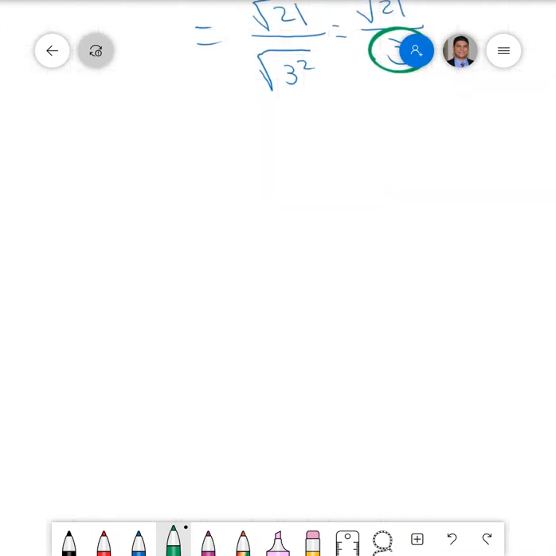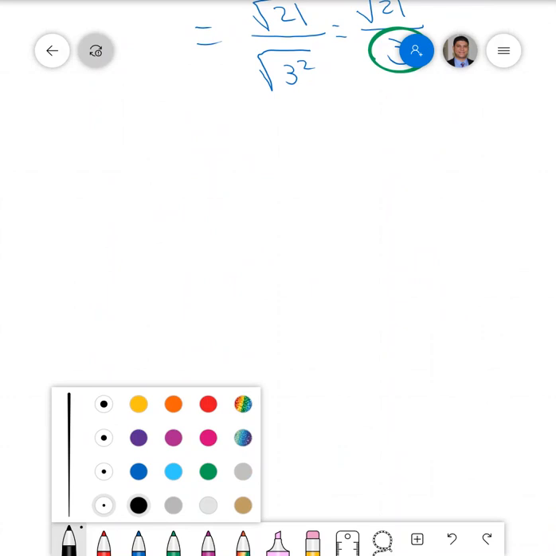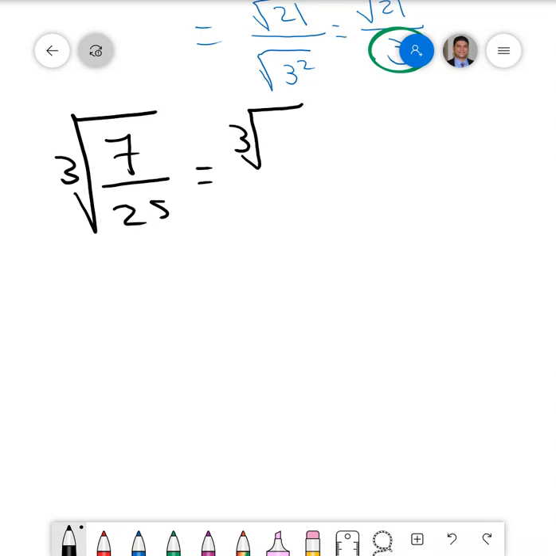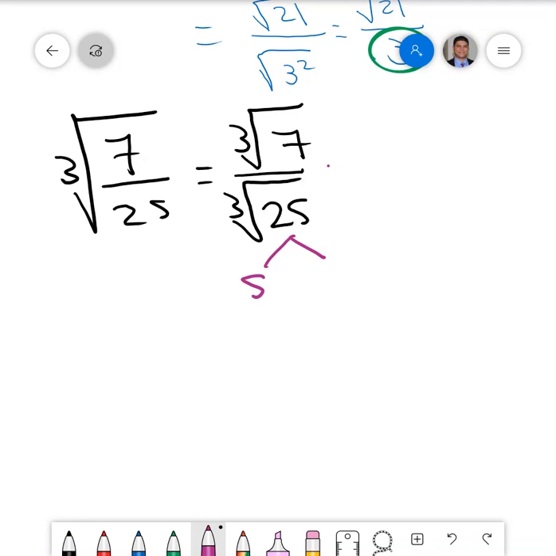Another example, the third root of 7 over 25. First we need to distribute this root, so the third root of 7 over the third root of 25. How can I get rid of the third root here? First we know that 25 means 5 times 5.